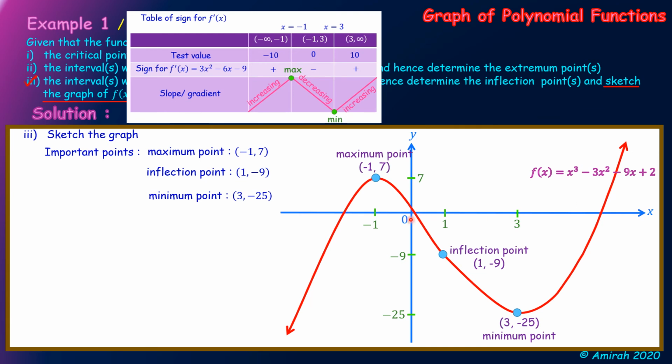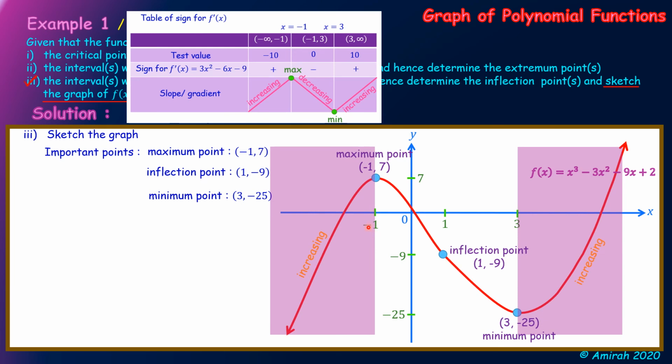To check whether the graph is correct or wrong, we can refer to the table of sign for f prime x. From the table of sign for f prime x, the graph is increasing at interval negative infinity to -1 here.